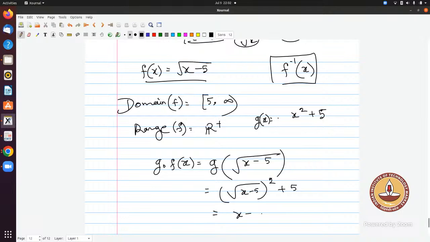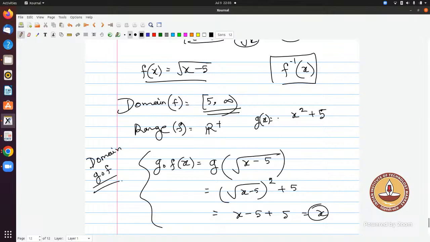This is x, and this holds for anything in the domain of f, that is 5 to infinity. Is this portion clear? What is the domain of g compose f? This function g is from R to R plus. So the domain of g compose f is 5 to infinity.